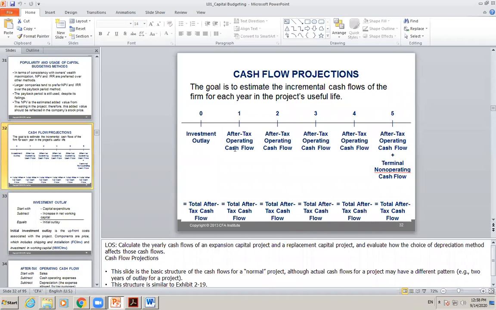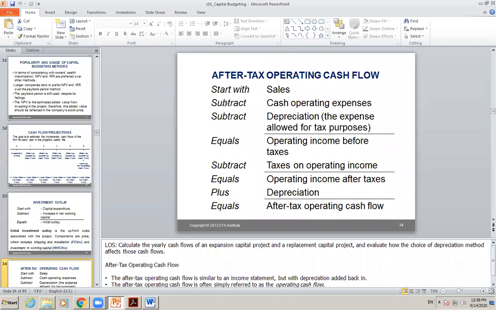And we said that the after-tax operating cash flow is used as the cash flow to estimate the NPV. And we've got here the way of calculation. It's just lining down the income statement approach. It's just sales minus expenses.